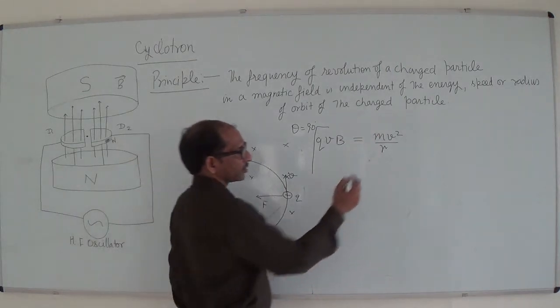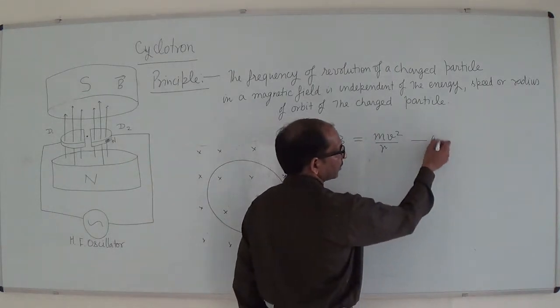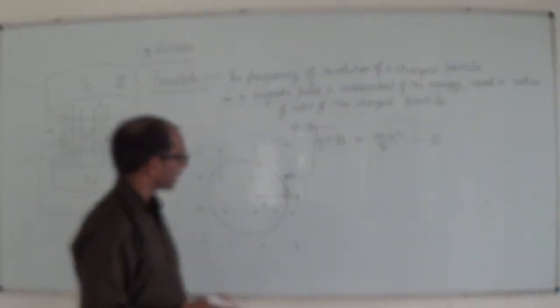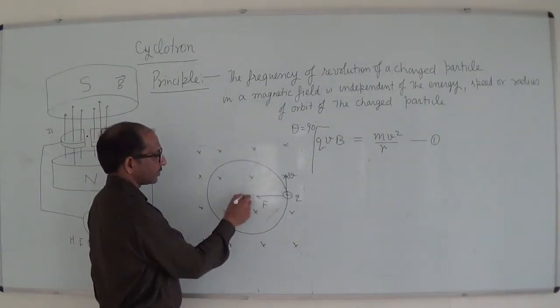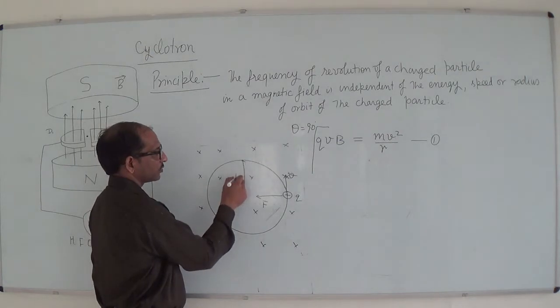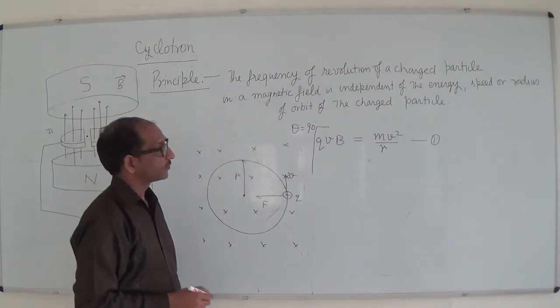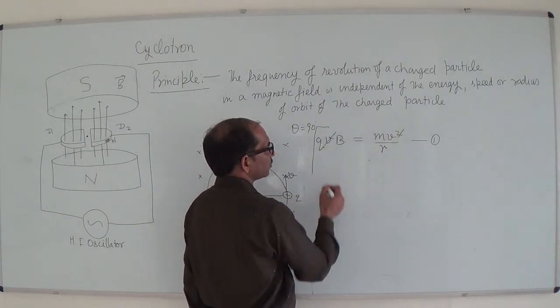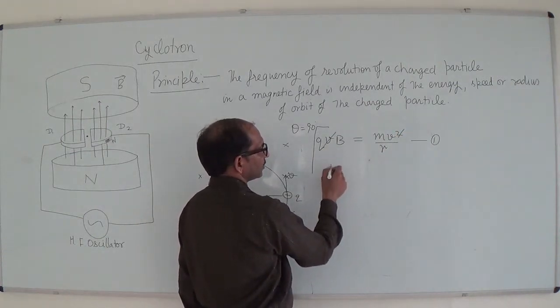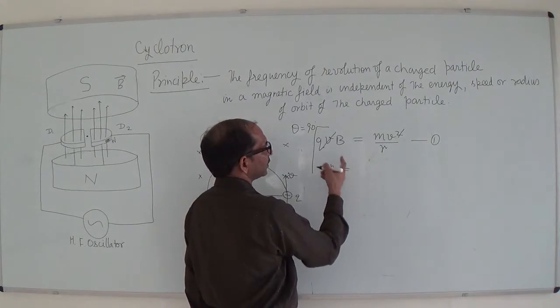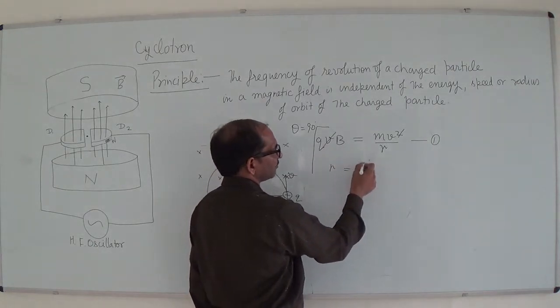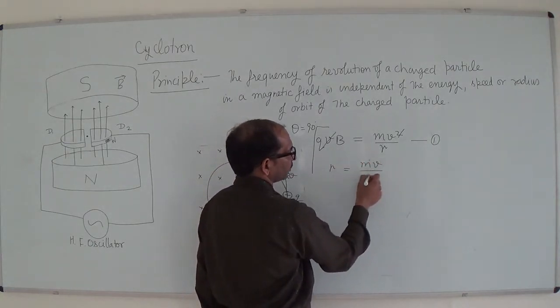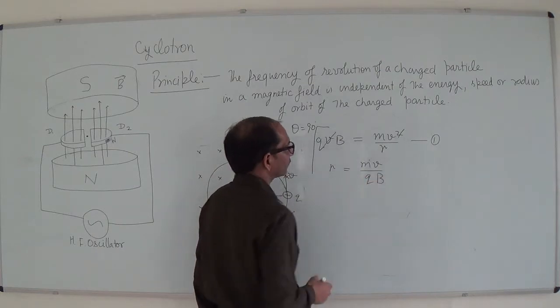From this relation we have to find the radius of this circle, and suppose that is small r. The v cancels out, and you can write r equal to mv upon qB.